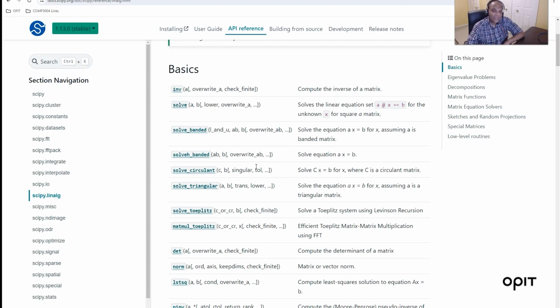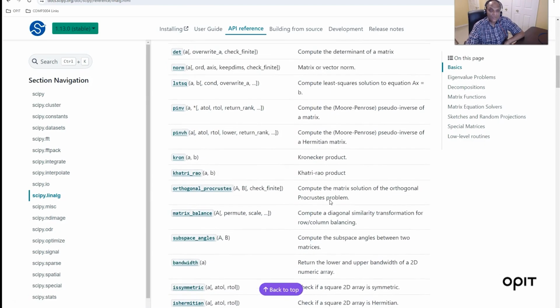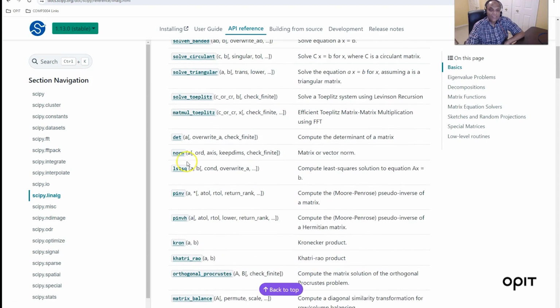And there are many functions inside this SciPy linalg package which support that. For example, one of the ones that's widely used, that I use a lot, is basically this norm, which is finding the matrix or vector norm. So that comes in very handy while finding the Euclidean distance between two pairs of points in an n-dimensional space.